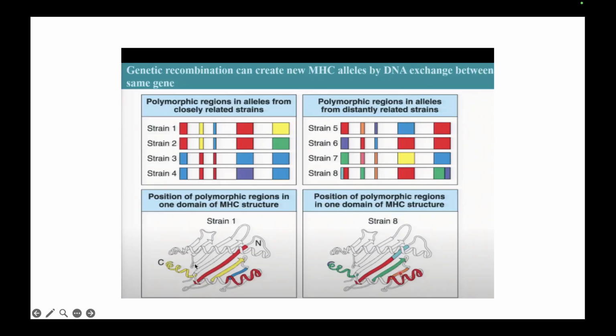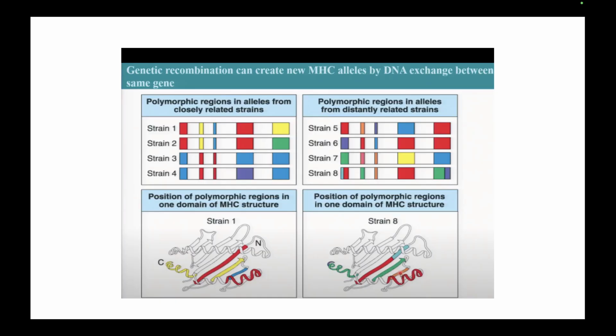In the beta sheet your peptide binds, where this cleft is, and these alpha folds interact with the T cell receptor. We see polymorphism in both of these structures.